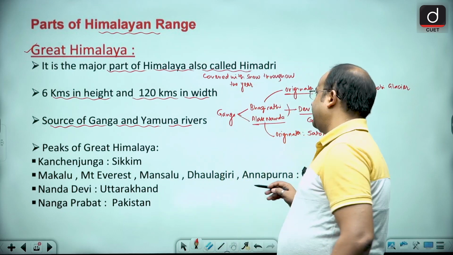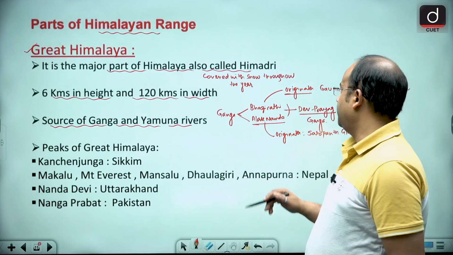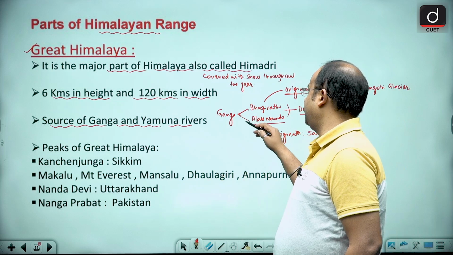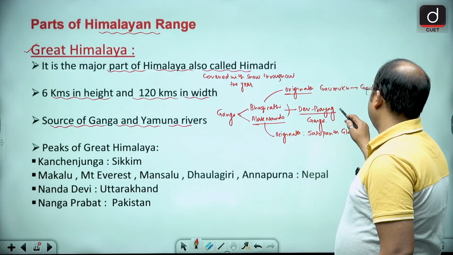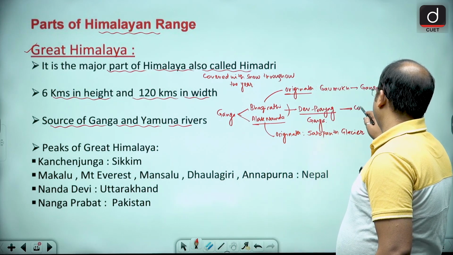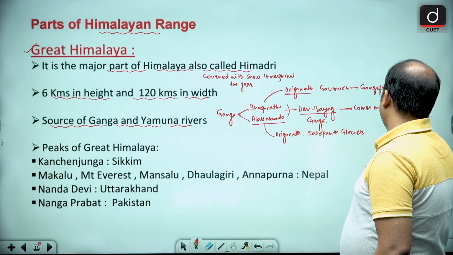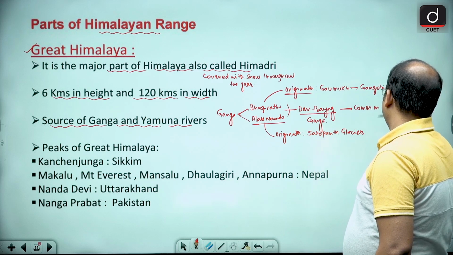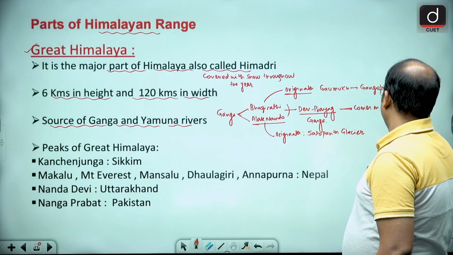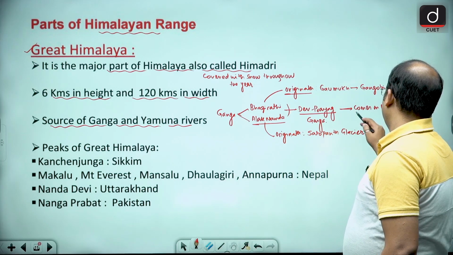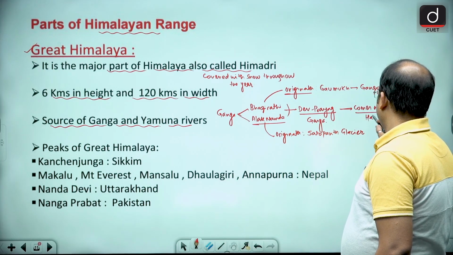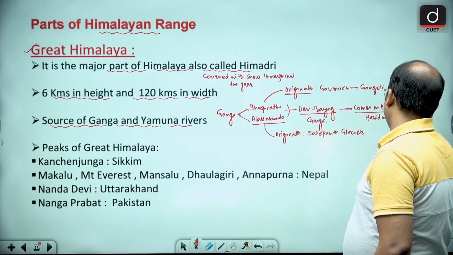Ganga comes onto the plain from Haridwar.